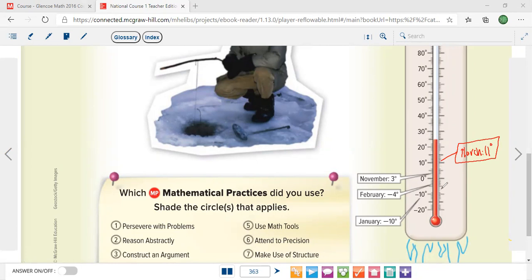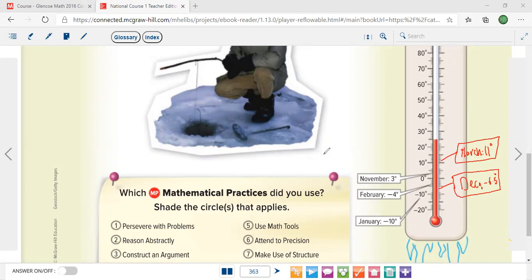Negative 6.5. So this is negative 5, as you know, then negative 6.5, nearly here. And you make a label like this one, and you write December is negative 6.5 degrees. This is how we can label, Shabab.